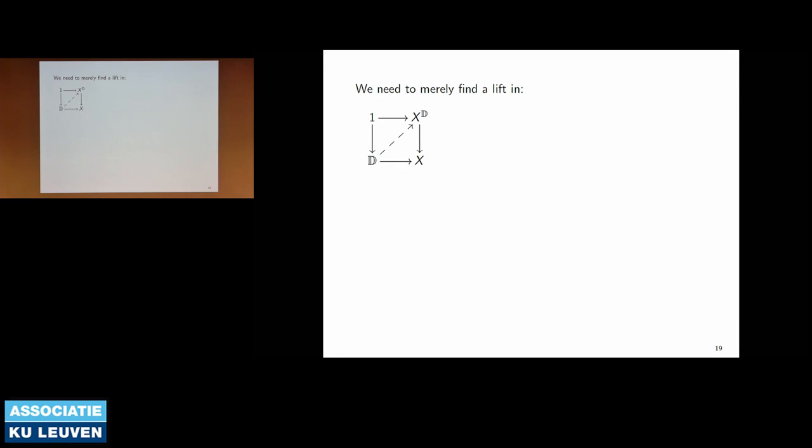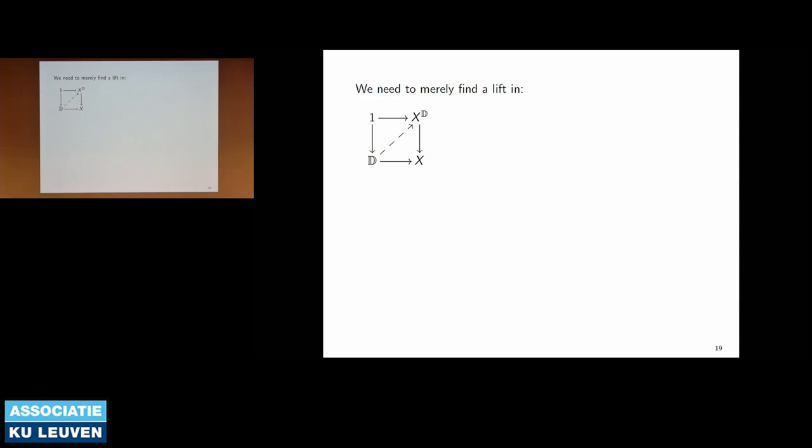Here, a map from D to X is a tangent vector to X. And the lift here is a tangent vector in X to the power of D, which is sent to this X. And this part just says that the base point is the right one.